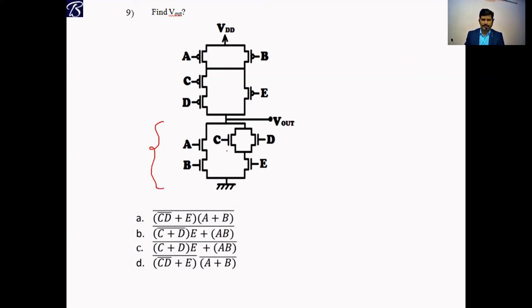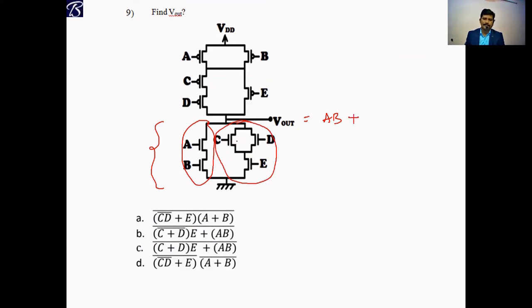NMOS region. This A and B, both are in series. That's why it is AND operation, AB. This part and this part, both are in parallel. That's why plus.